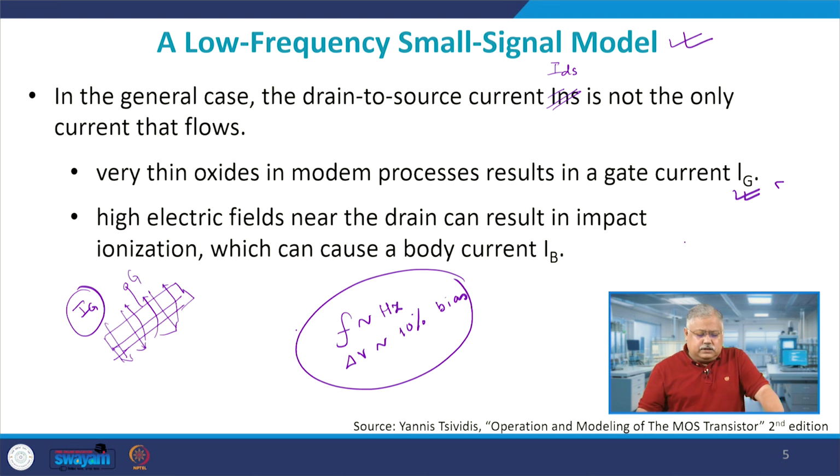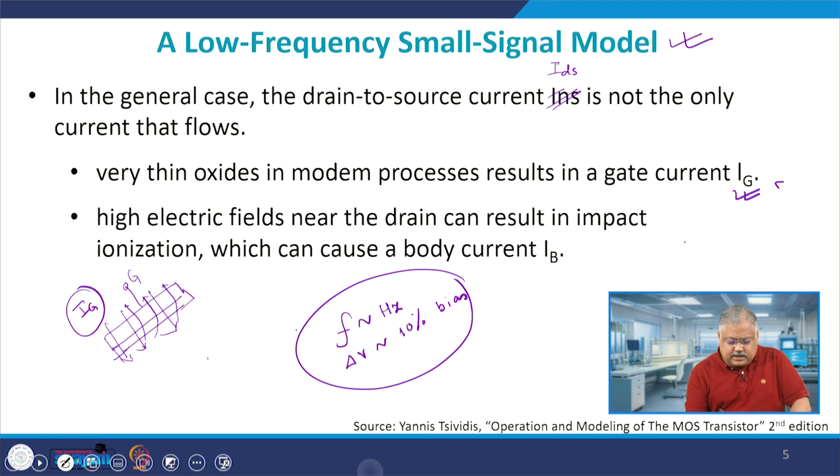What is impact ionization? An electron is travelling from this part to this part because of a high electric field. As it strikes one of the lattice atoms, because of high energy, let us suppose it generates one extra electron here, and this also travels very fast because of the high electric field, and then this also generates one extra electron, and so on and so forth.